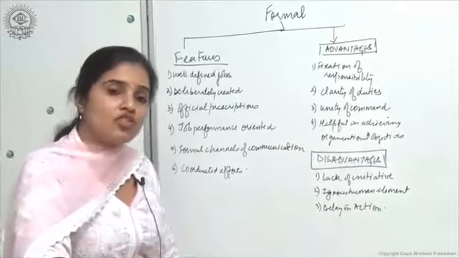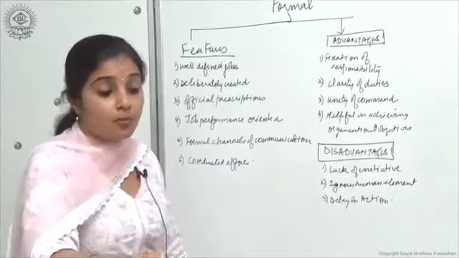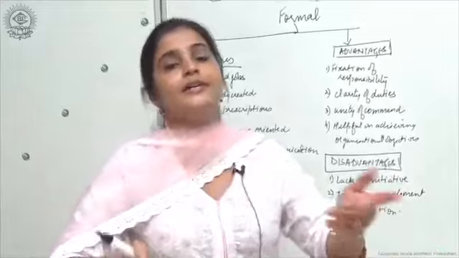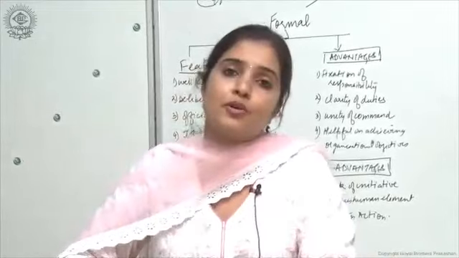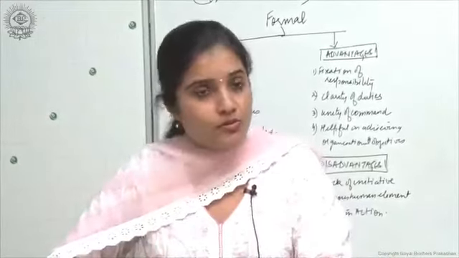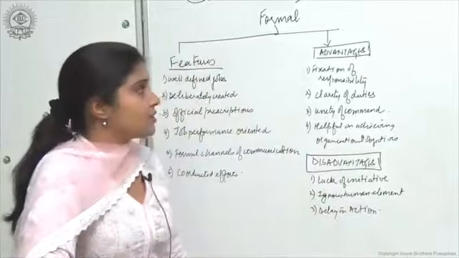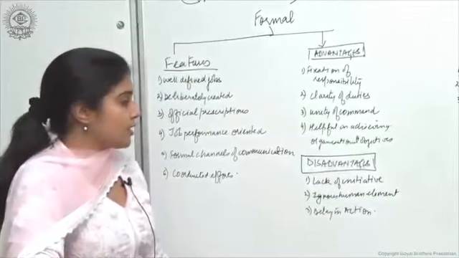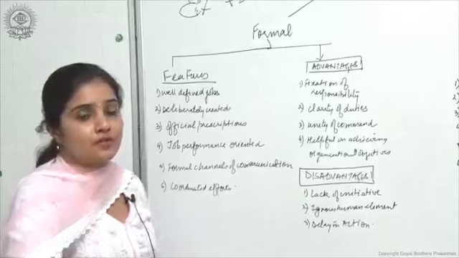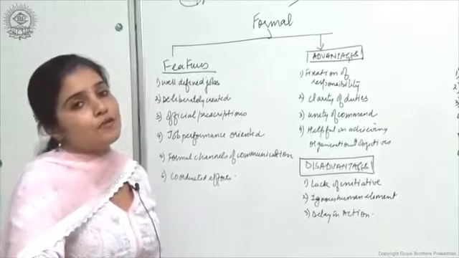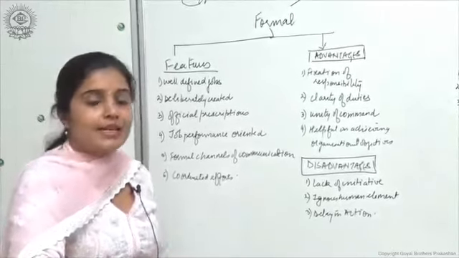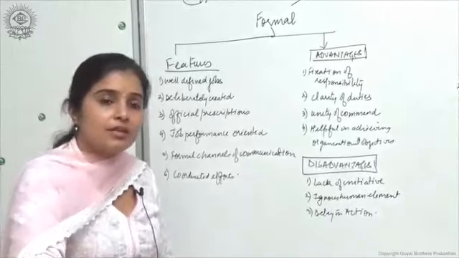I told you the structure of the formal organization is basically designed for the successful accomplishment of the organizational goals, right? Disadvantages of formal organization is lack of initiative, because they follow official prescriptions, right? That is the policies and the rules and the regulations designed by the organization, okay?